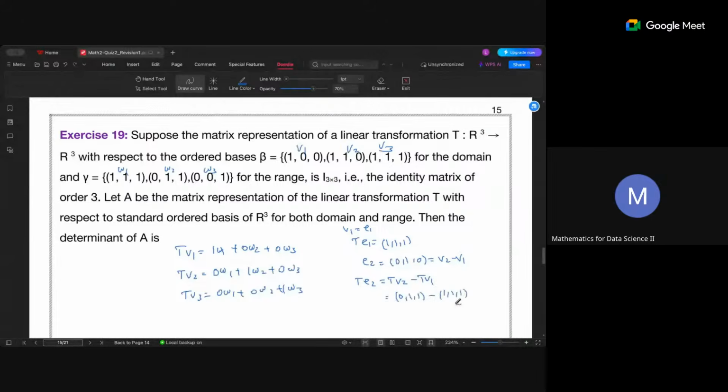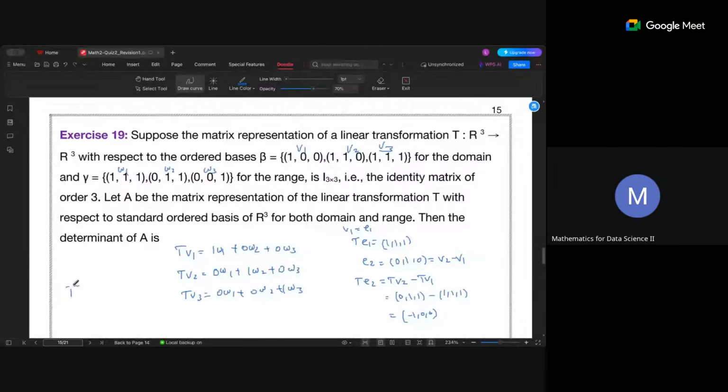Correct? Yes or no? Ma'am, can you explain this again? I have not got it. Which part? Did you understand the first step? Why are you expressing V1 in terms of W1, W2, W3? Because that is what is given. When beta is the basis for the domain and gamma is the basis considered for the codomain, the matrix you are getting is the identity matrix.